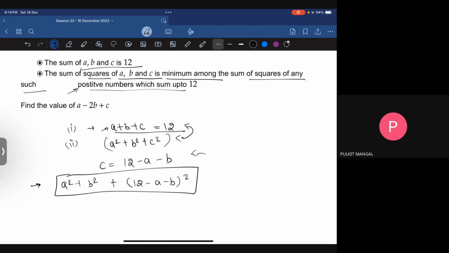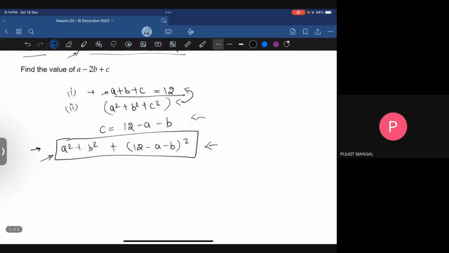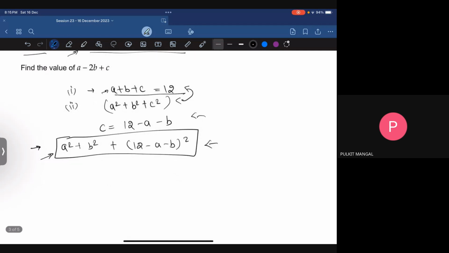So basically I want a, b such that this value is minimum. For that I need to first find the critical point of this function, and then test whether that critical point is a local minimum or maximum. Then find the local minimum point. At that point a and b, this function gives the minimum value, and that's what we want.